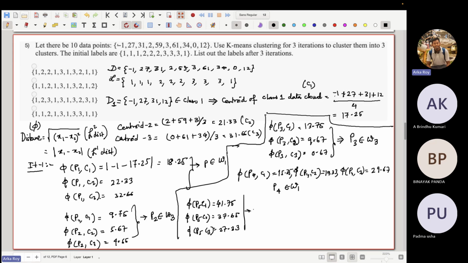So this boils down to P5 belongs to omega 3.